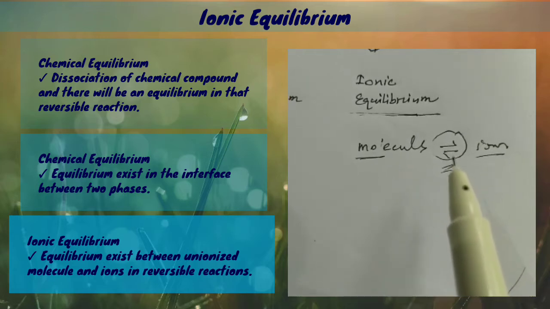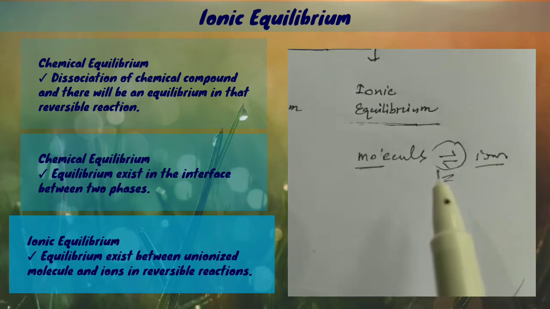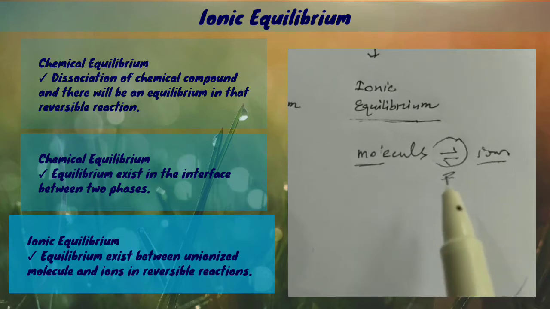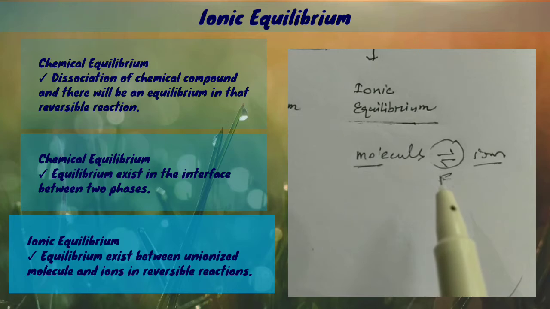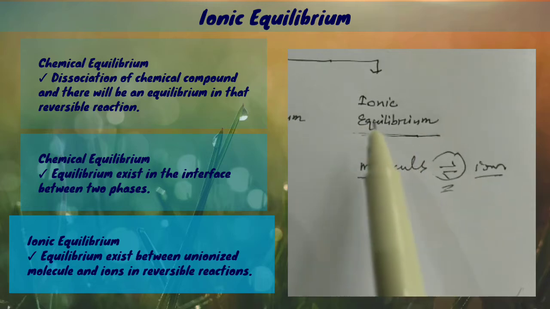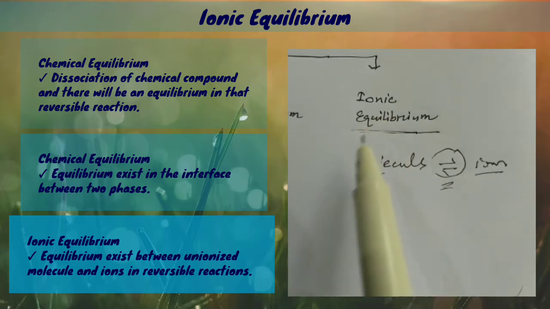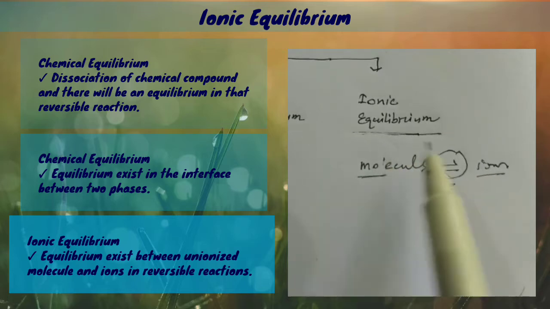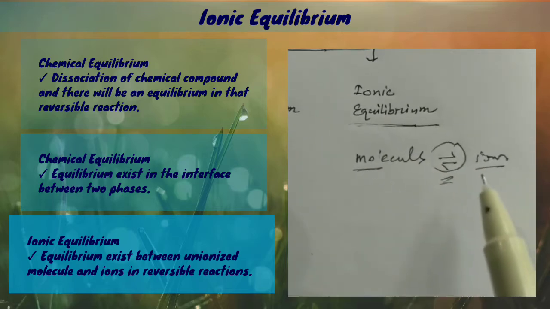Most importantly, you have to know that this reversible process is mainly observed in weak electrolytes. Ionic equilibrium means mainly electrolytes, compounds which can form ions in their aqueous solution.